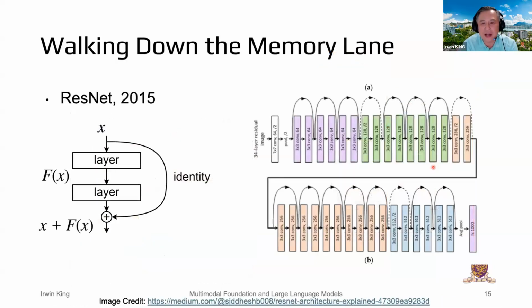So let's take a look at another type of network, which is called residual network, ResNet. This was actually developed in 2015. What was really nice about this residual network is that, by having these skip connections right here on top, it is able to quicken some of the processing and bypass certain layers.